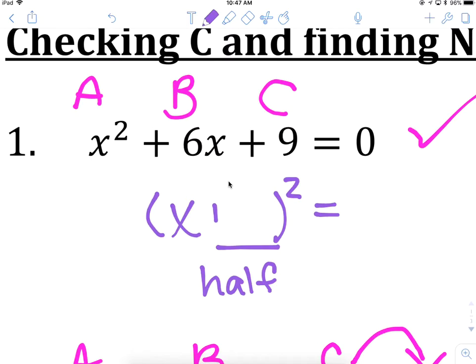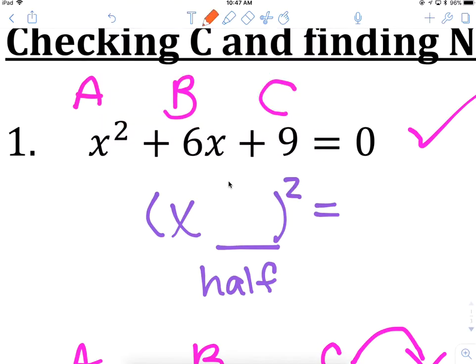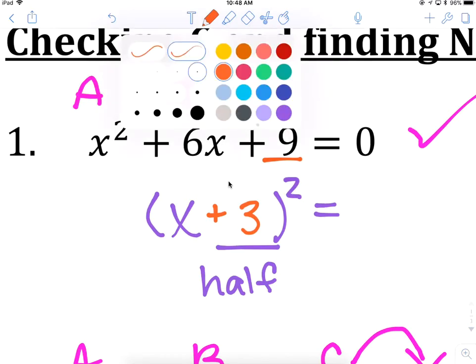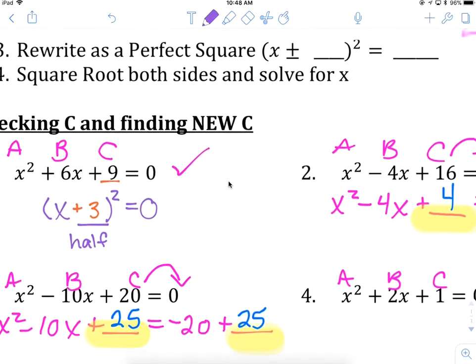When I say positive 3, I'm going to write that down. Half of b is positive 3. And 3 squared should make this 9, right? Okay. What was on the other side was just my 0. So since that one already worked, that's all we're doing right now. Let's go to problem 2.